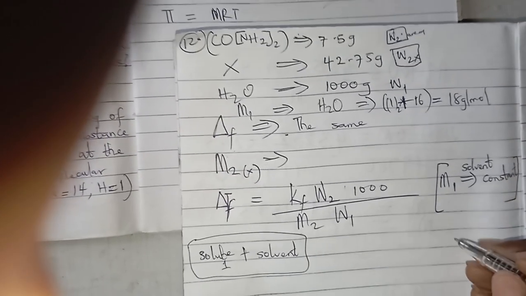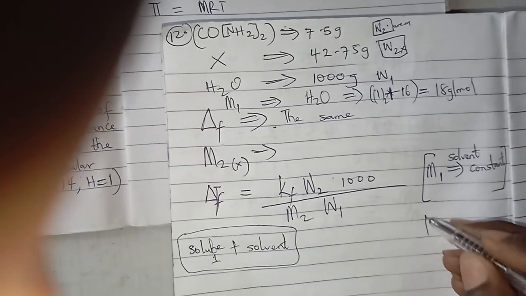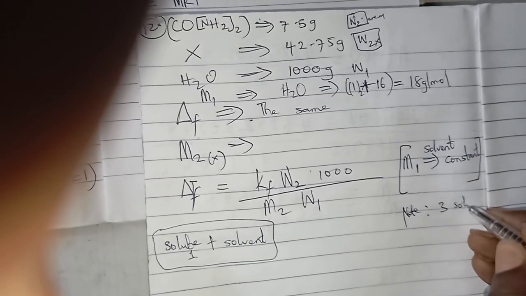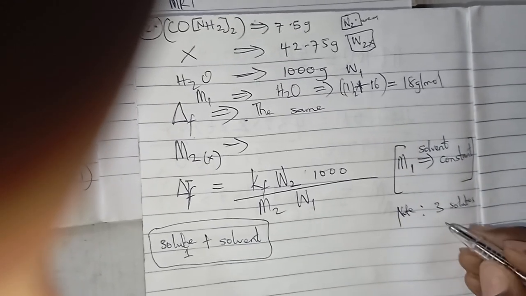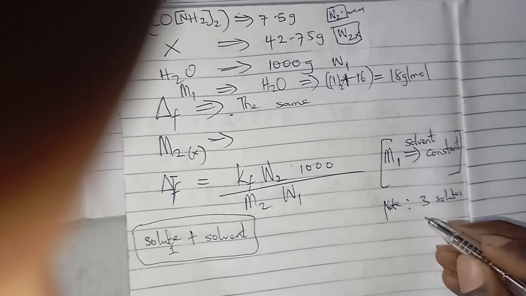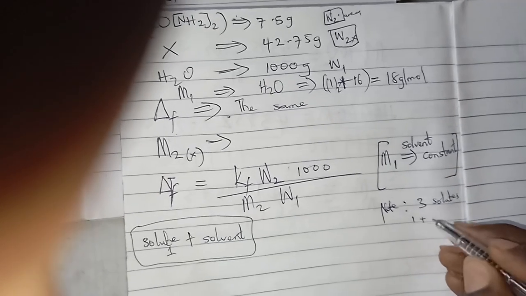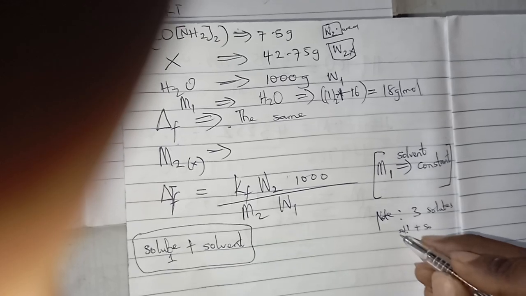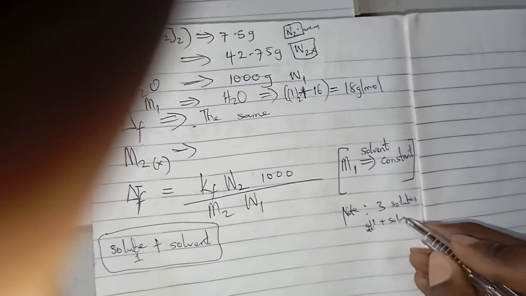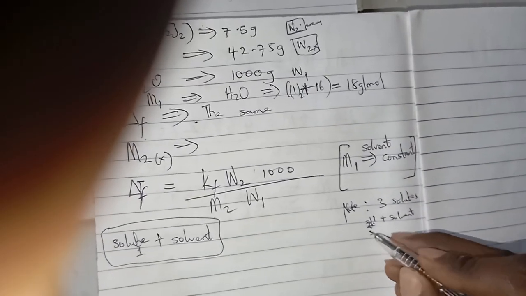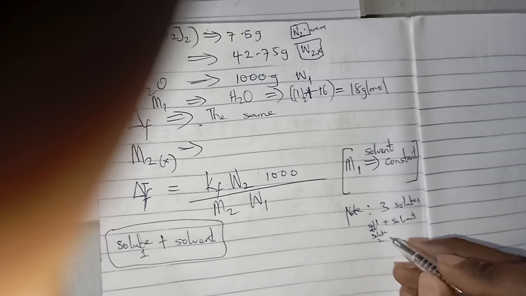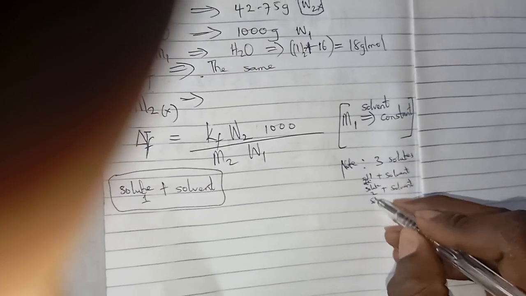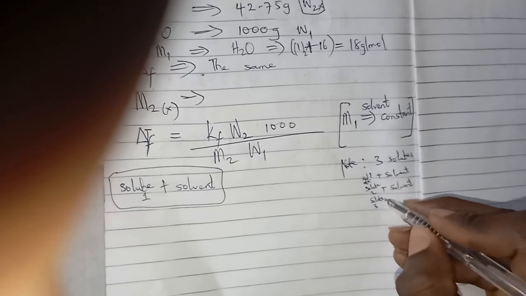Note it: if I have 3 solutes, I'm going to use the formula for solute 1 plus solvent, then solve again for solute 2 plus solvent, then solute 3 plus solvent.